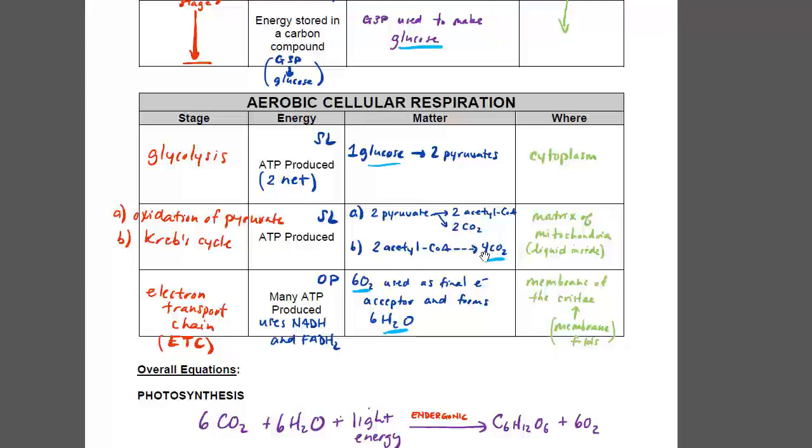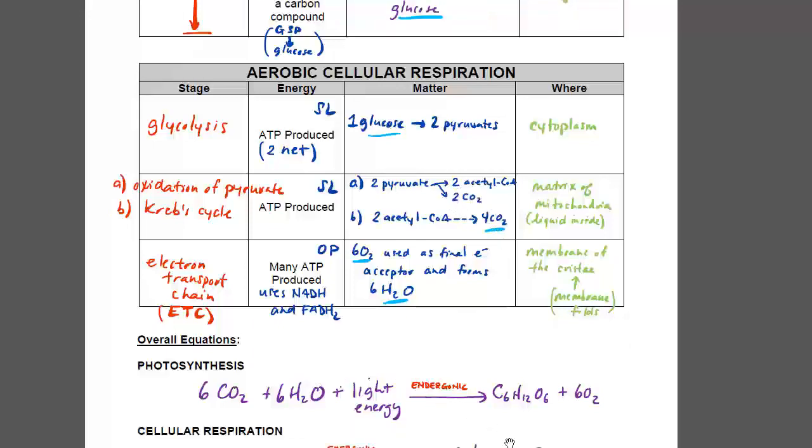So by the time this is done, we've got 2 carbon dioxides chopped off of the pyruvates, and the final 4 here. These are all 6 of the carbon dioxides that belong down here in the overall equation right here. So you get your glucose in, and you follow the carbons out. Glucose in, carbons out.